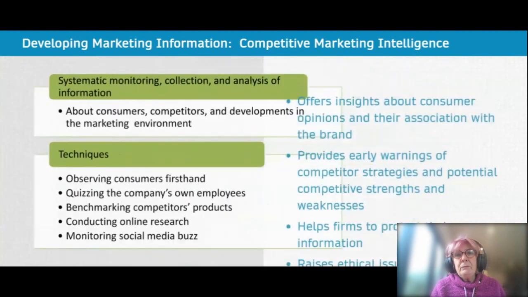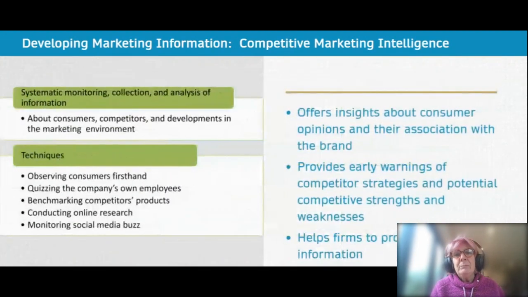The second type of information is competitive marketing intelligence. This is about going out into the market and finding out about consumers that may not be your customers already. So it's that systematic monitoring, collection and analysis of information about consumers, about competitors, and about those developments in the marketing environment. Remember the PESTLE?